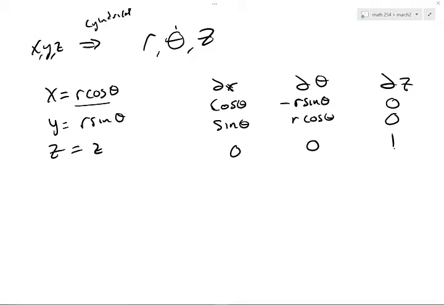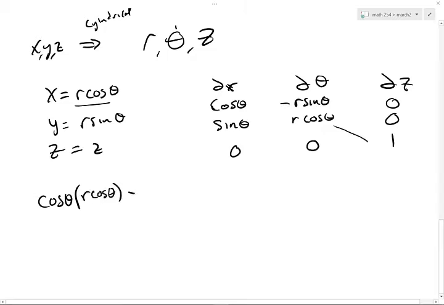Nice. So if you were to find the determinant of this beast, you're going to take the cosine of theta, which is up there in the corner, times this guy times this guy minus 0, so it's going to be times r cosine theta.